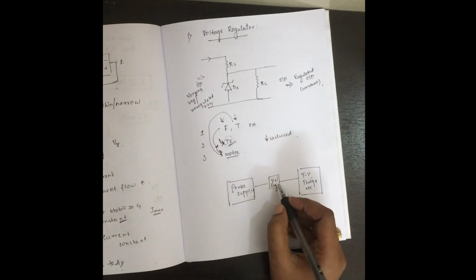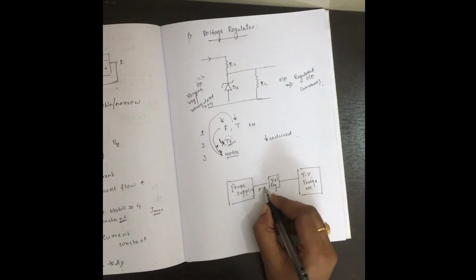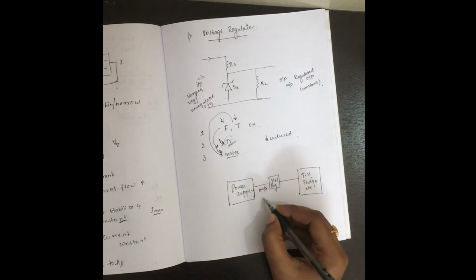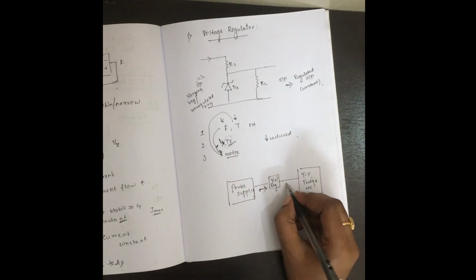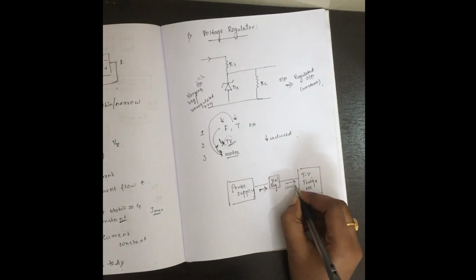This is because whatever varying input voltage it receives, it will modify to a constant voltage and give it to the TV or fridge. So constant voltage will be applied so that it will not affect the device performance.